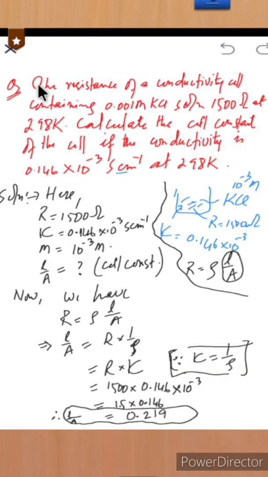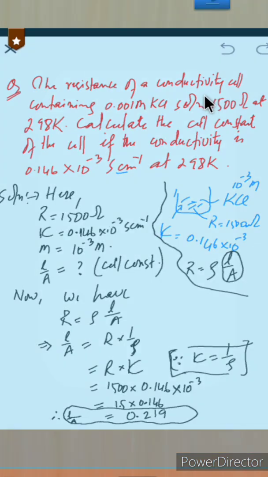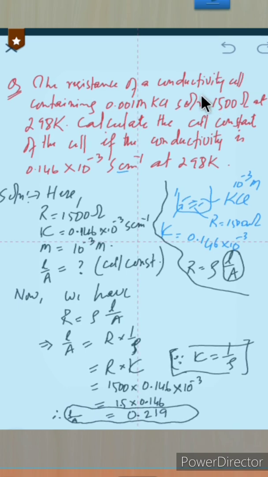Okay, let me go to the next problem. The question is, the resistance of a conductivity cell containing 0.001 molar KCl solution is 1500 ohm at 298 Kelvin.